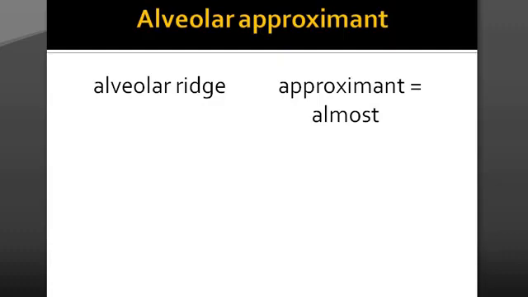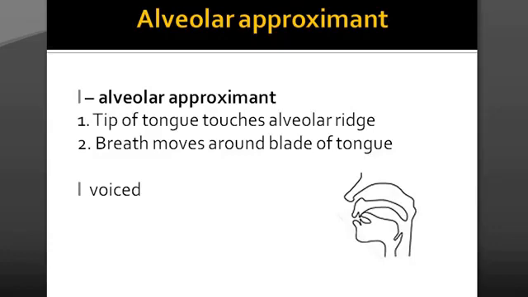When we said t and d, we use our tongue on the alveolar ridge to stop the breath. With this approximant sound, the tip of your tongue touches the alveolar ridge, but then your breath moves around the blade of the tongue, around the sides of the tongue, and that makes the L sound.